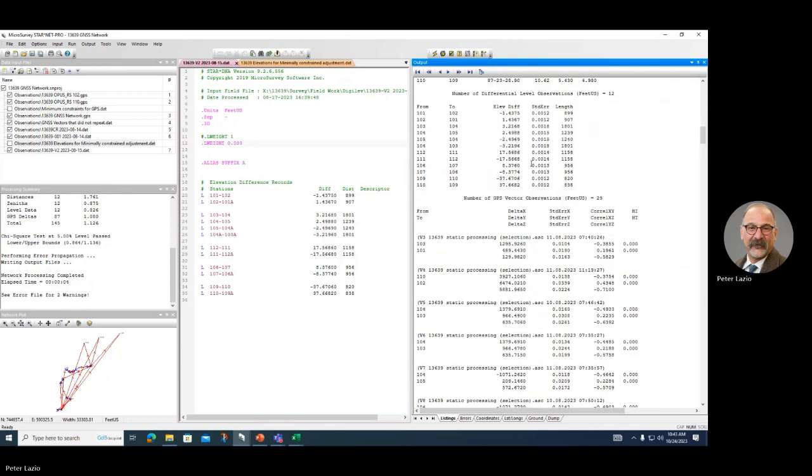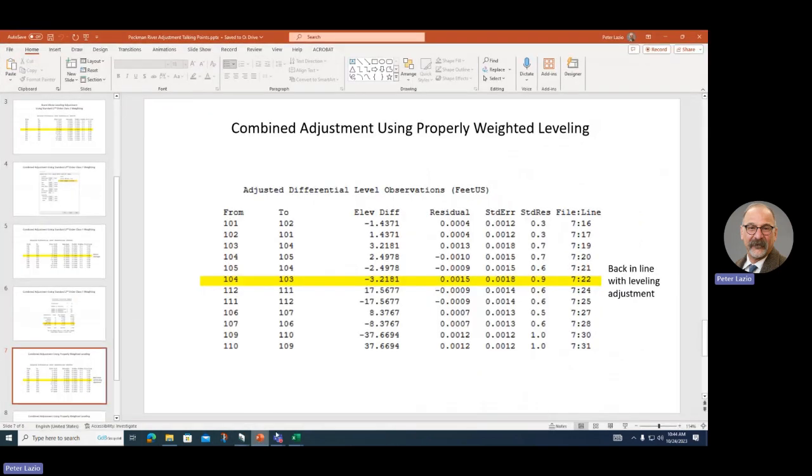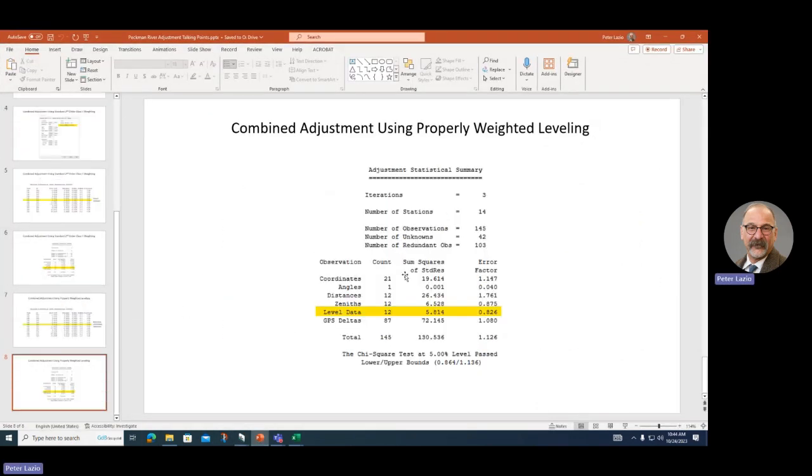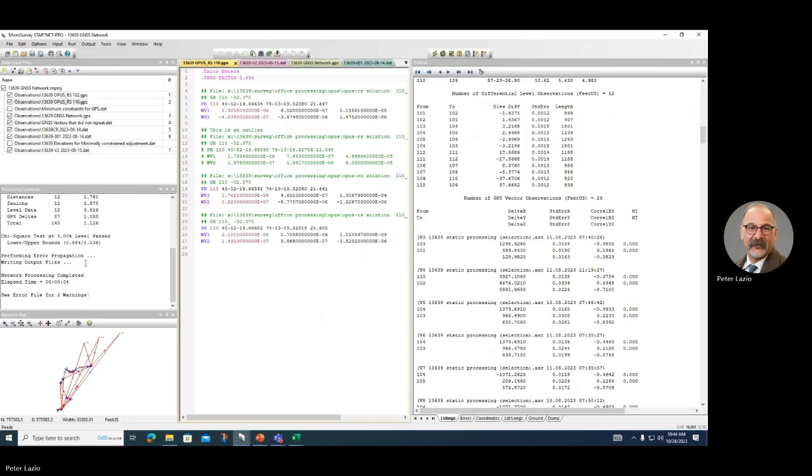Here we go. Now they're all back in line with what they were before. Now it's back up closer to 1, so that it's given its proper weight.